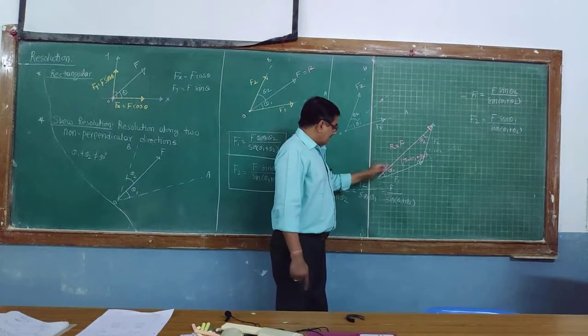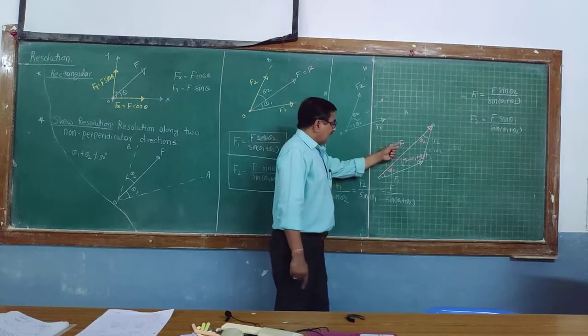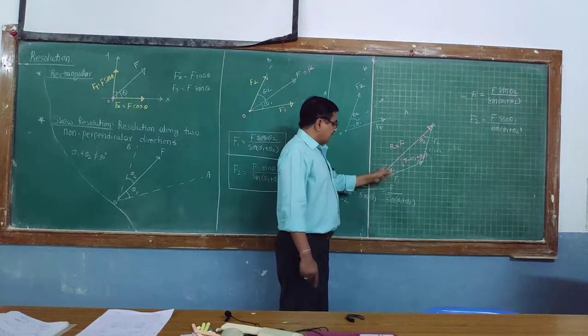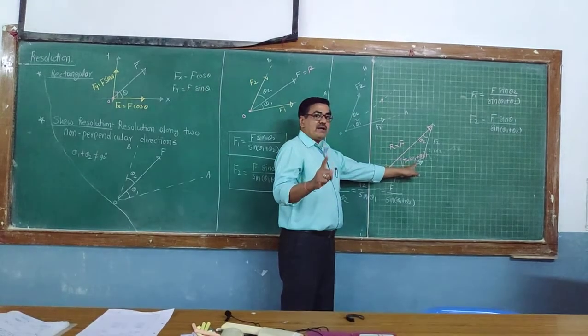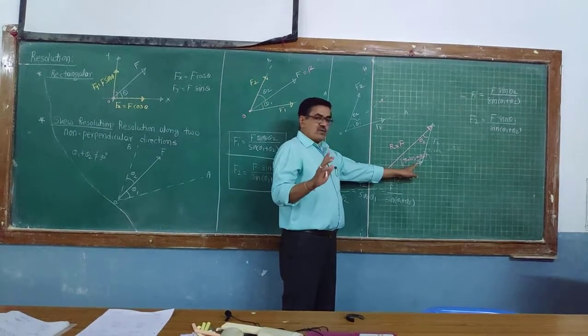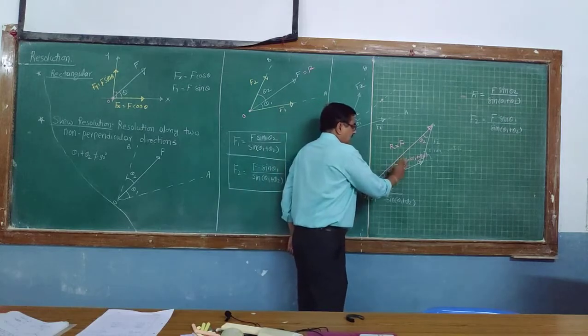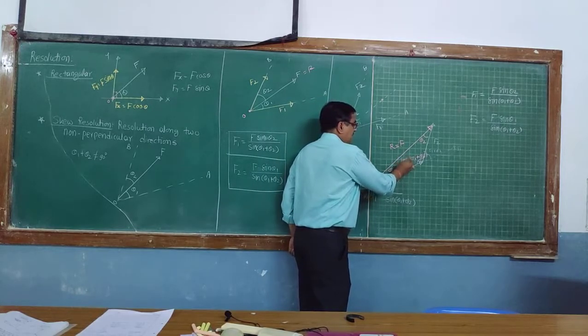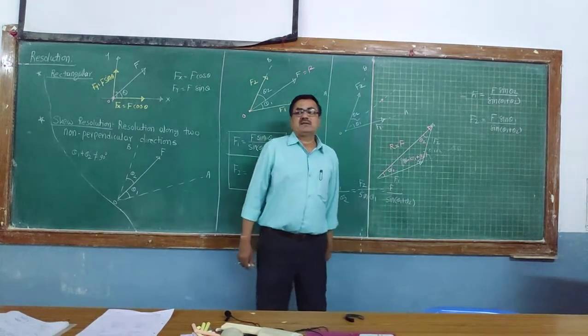And if you write here, F1 upon sine of theta 2 is equal to F2 upon sine of theta 1 is equal to F upon sine of 180 minus (theta 1 plus theta 2). So it will be equal to sine of (theta 1 plus theta 2), or directly you can take F upon sine of (theta 1 plus theta 2).